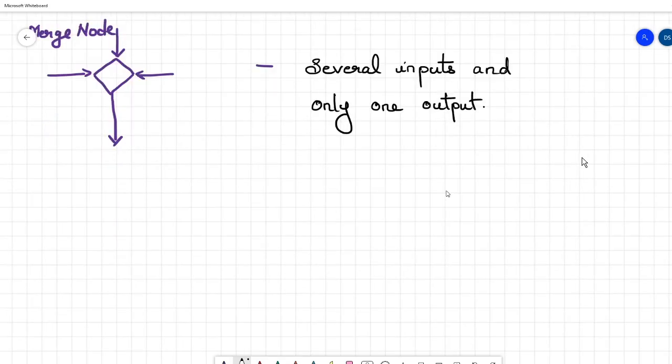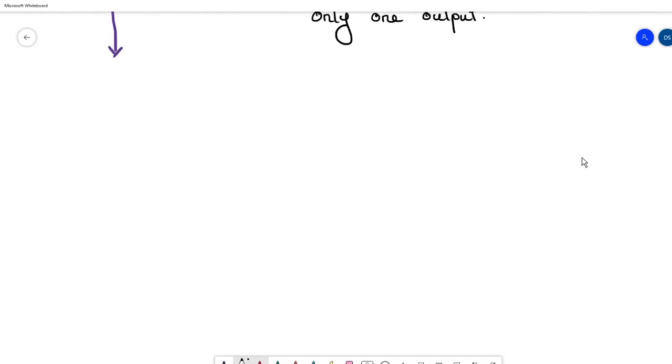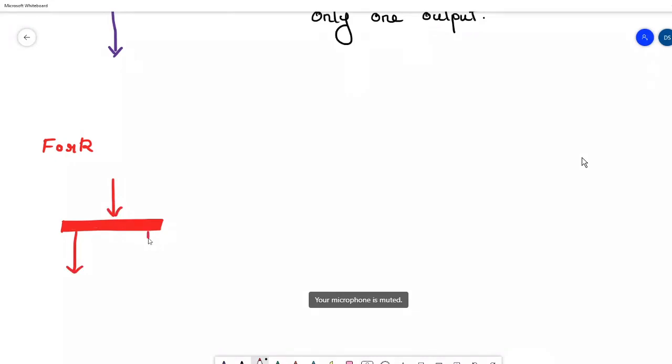Now the next one is fork. Let's see what is fork. Fork is a solid rectangle, like this. Now, a solid rectangle with a single input of message flow which gets branched.